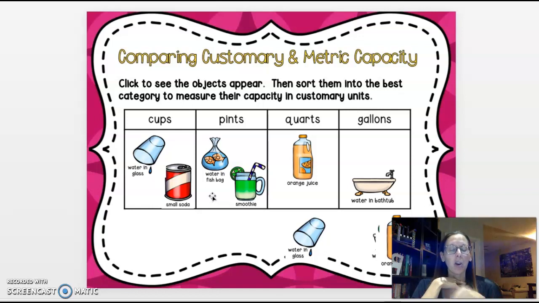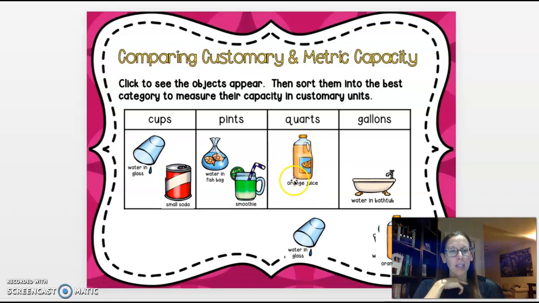So that way when you get home, you can put them in your fish tank. Now they don't want to give you too much water, but they also don't want to give you not enough and your fish croak. So definitely pints. Smoothie, you want a little bit more than a cup for your smoothie because you want it to be fulfilling. So that would be a pint.